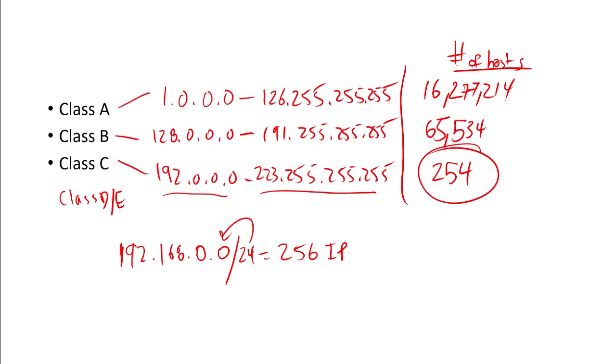So if I had a Class B network, let's say it was 129, for example, I don't have to start at 128. I am 129.0.0.0/16. So this network range has 65,534.